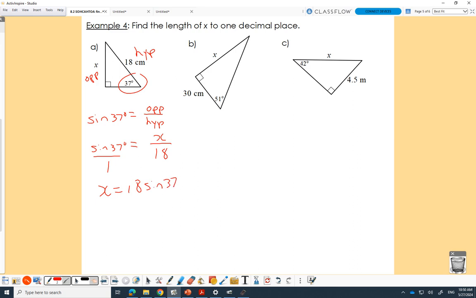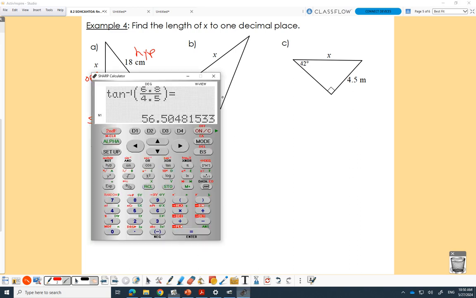And are we going to now all draw 37-degree triangles, measure the opposite and the hypotenuse, and average all our results to find out what sine 37 is? No, of course we're not going to do that anymore. The calculator has all that information, so you can just type in 18 sine 37. I get 10.8.